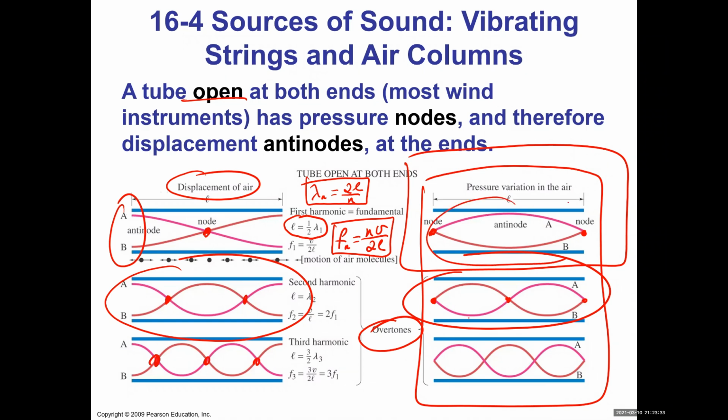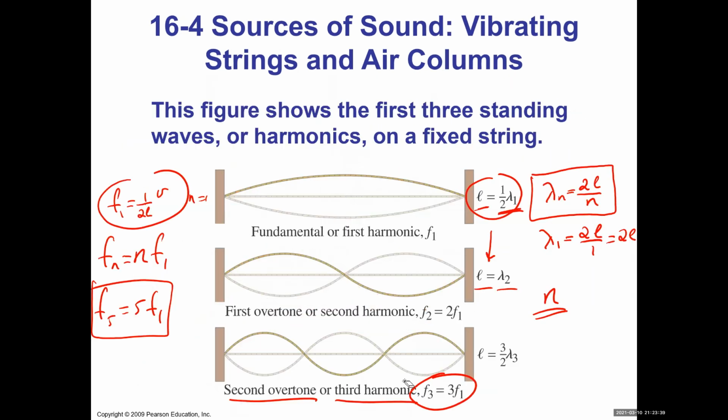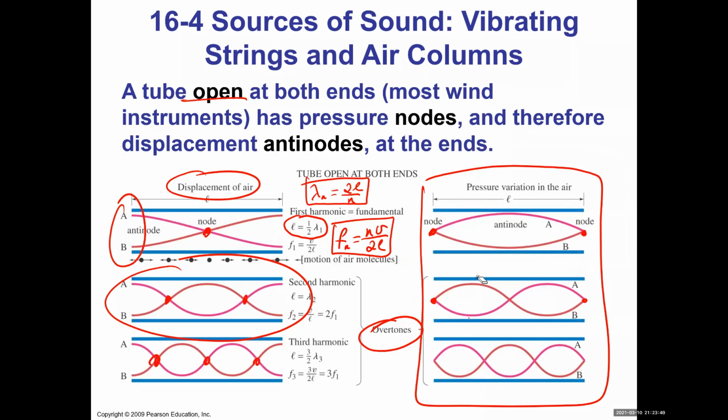If you go back over here, this is exactly how the first harmonic looks like if you have a string standing wave, second harmonic and third harmonic. So the shapes for the pressure variation in air for the open tube pretty much look exactly like that.